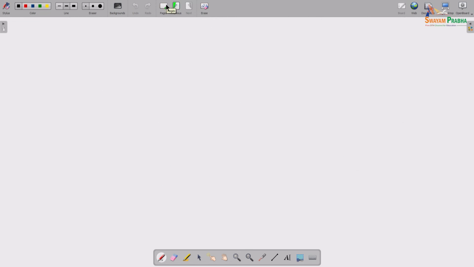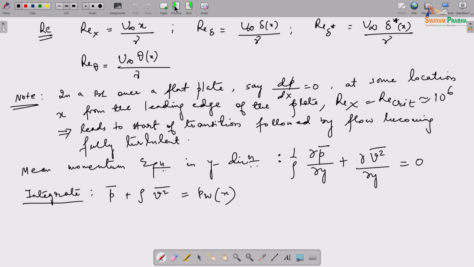Okay, let's go back to the previous page. Now, this P_w that I have written on the right hand side, what is that? The mean pressure at y is equal to 0.